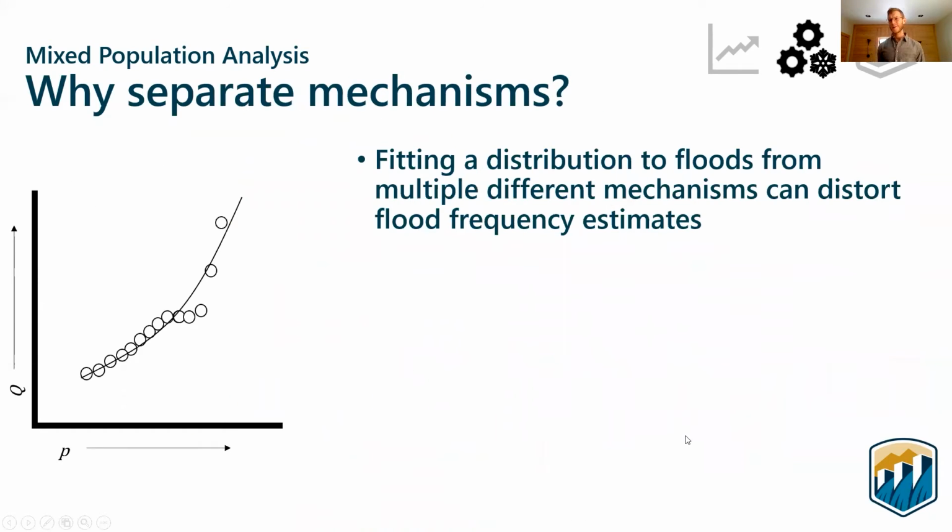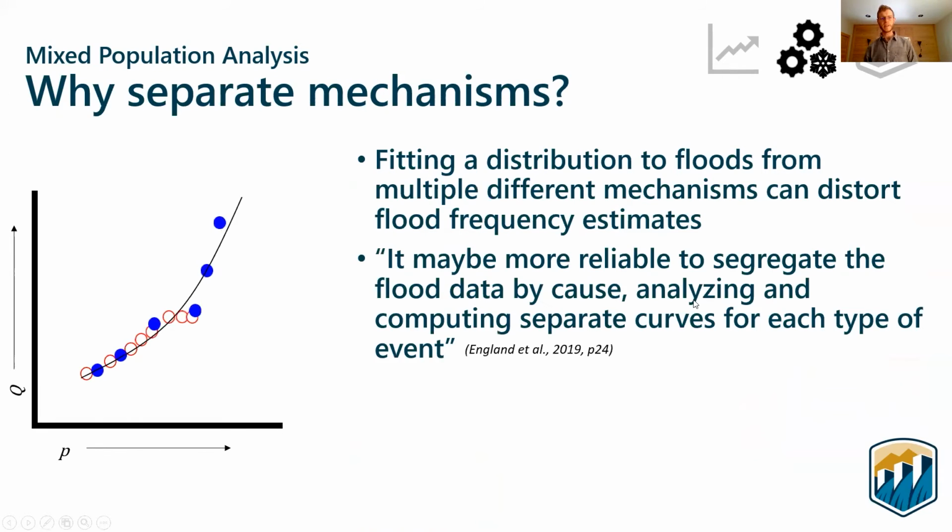So why should we actually separate them if they exist? Why not just fit your distribution to all of the data you have? One of the main reasons is that fitting a distribution to a mixed population can distort the data. Here's a little example. Here's a bunch of our floods and a distribution fit to it. Now, what if you actually had two different sets of data, two different mechanisms?